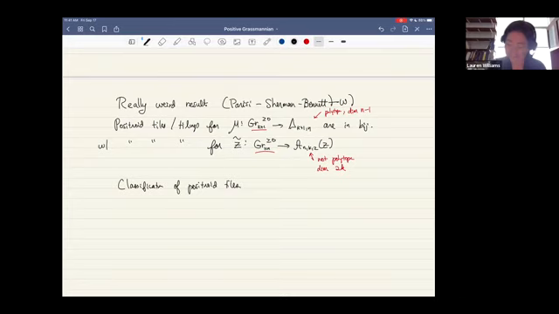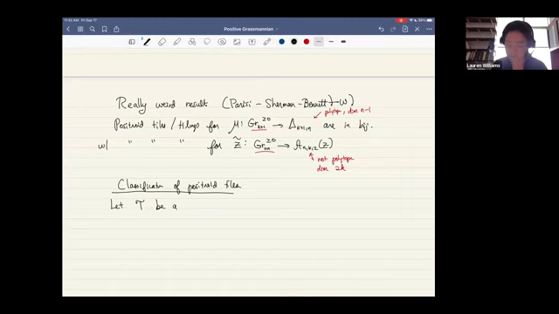Okay, so now let me tell you how to classify positroid tiles. And it'll be for both the moment map and the amplituhedron.